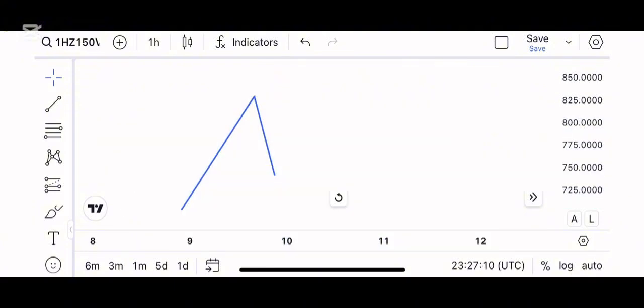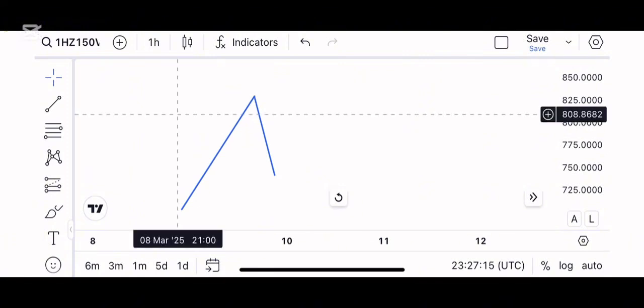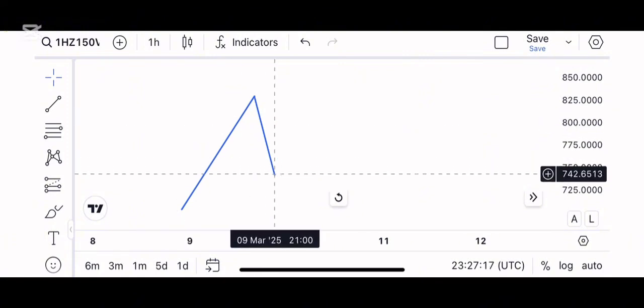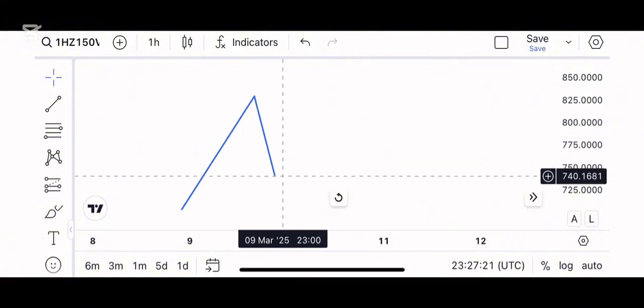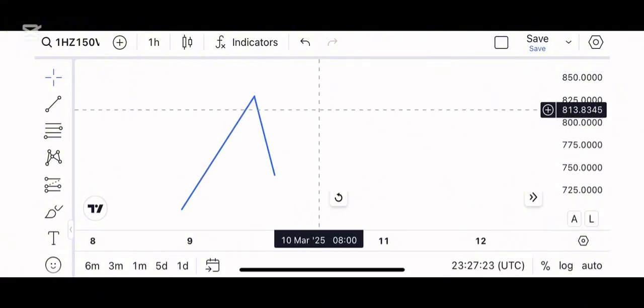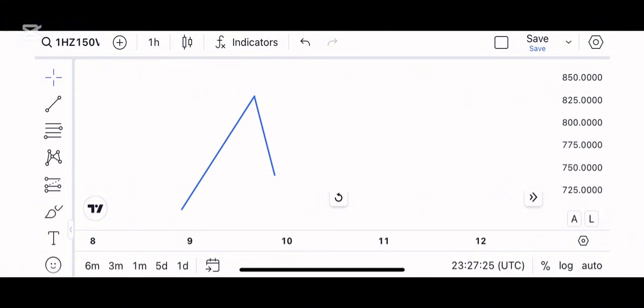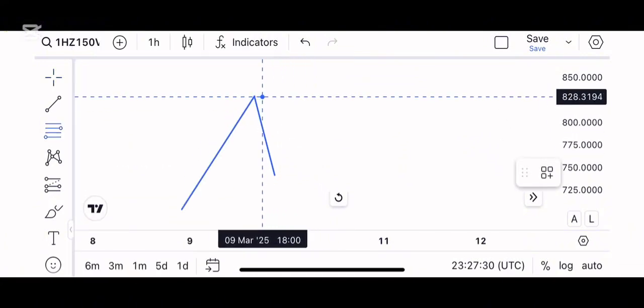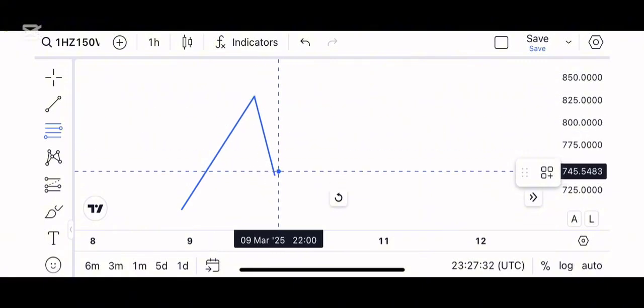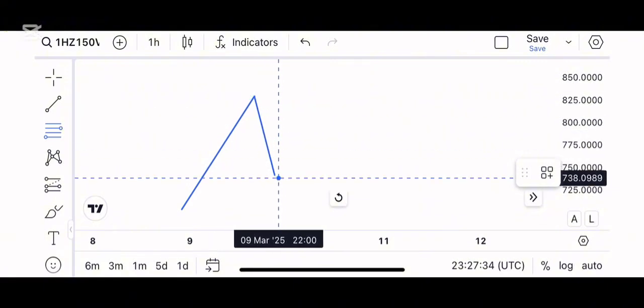Now, the next thing price is going to do is begin to find a buy up. Now, how we're going to get this leg on our Fibonacci is that we're going to take a Fibonacci retracement from this top to this point here.